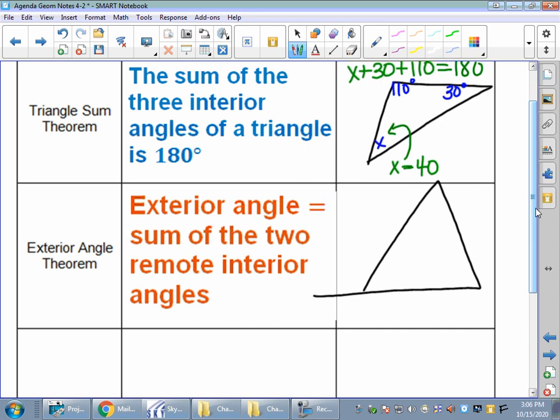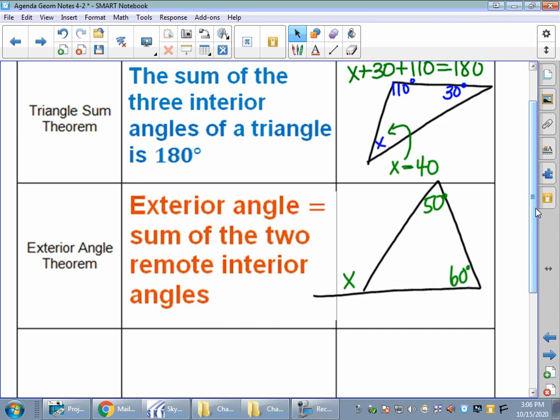So if I said, okay, well, I want to know what the measure of this outside angle is. And I know that this angle over here is 60. This angle is 50. That's all I know.